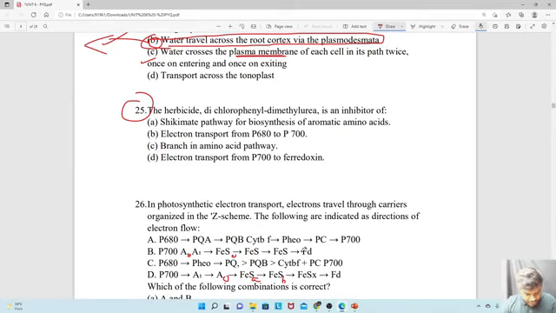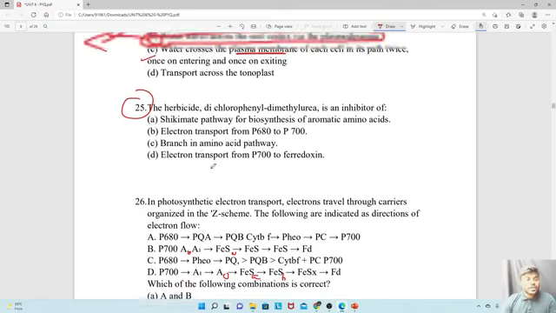Okay, question number 25. What will be the answer, friends? Okay, fantastic. Question number 25.